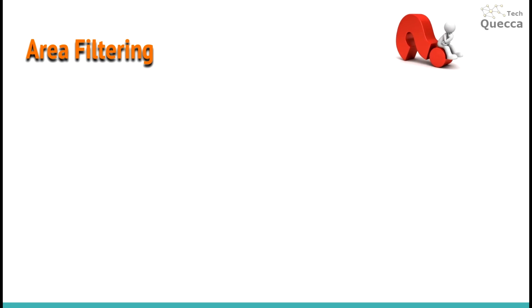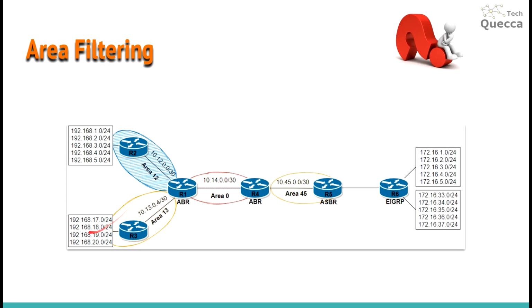Filtering with summarization is a very easy and simple method, but it has its own limitations. For example, if I want subnet 192.168.17 to be present in area 0 but to be filtered out from area 45, I cannot do it with summarization on ABR R1, because if I do summarization, it prevents type 3 LSA creation for summary route, and it's going to be missing in area 0 and in area 45.